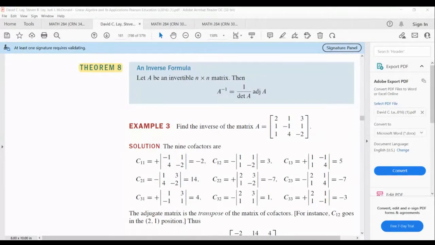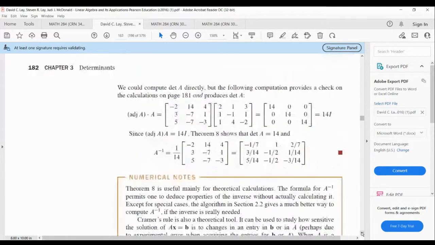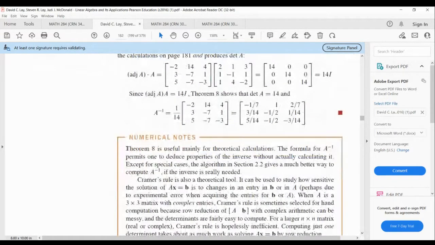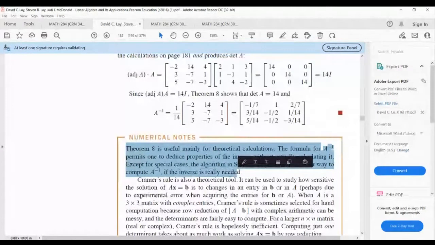There's theorem 8, where the inverse is 1 over the determinant of A times the adjugate of the matrix A. But it takes quite a while. You can see in example 3, it takes quite a while to construct an adjugate because you have to come up with all the cofactors. It can take time.